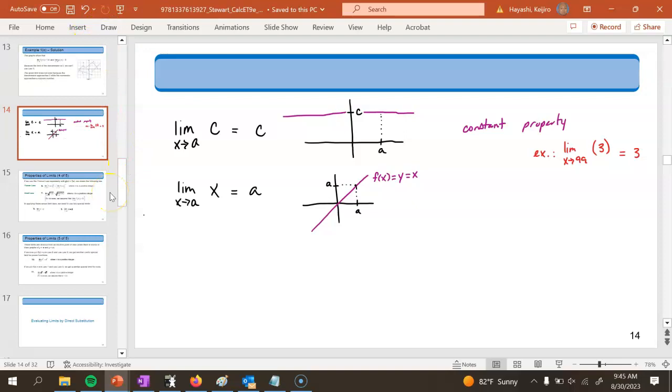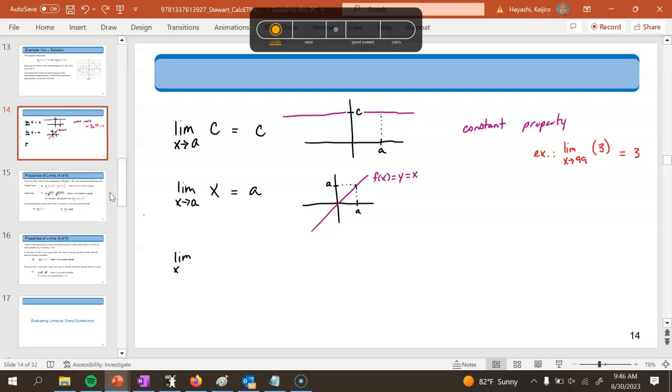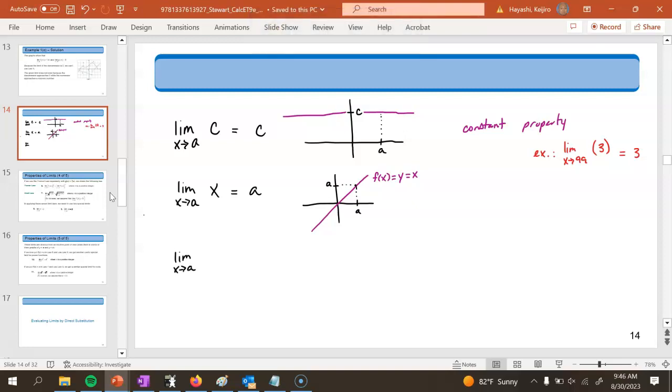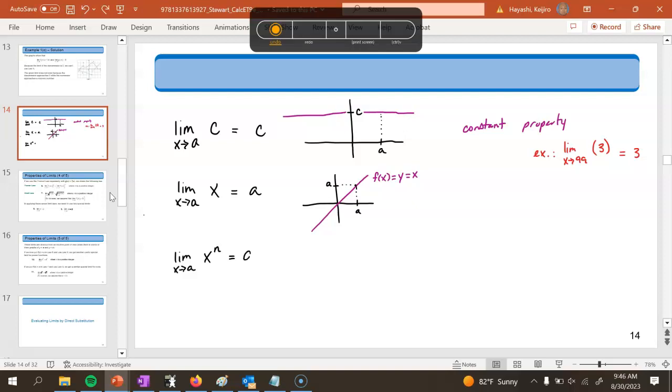Okay. And this has two extensions. The limit as x approaches a of any power of x is just a to that power.